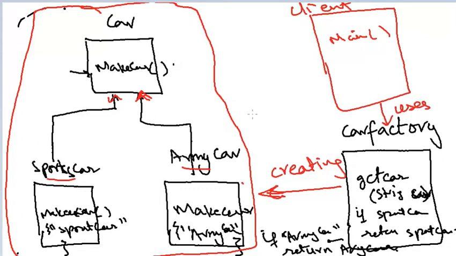This is basically the concept of the whole factory method, or factory design pattern. Our client is using this factory to create these objects, so it doesn't know how these objects are created. The logic of creating our products, or our cars, is hidden from the client.